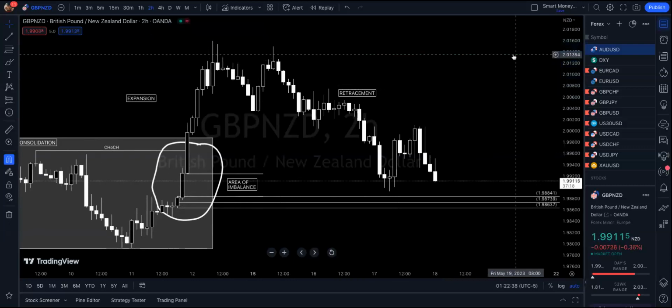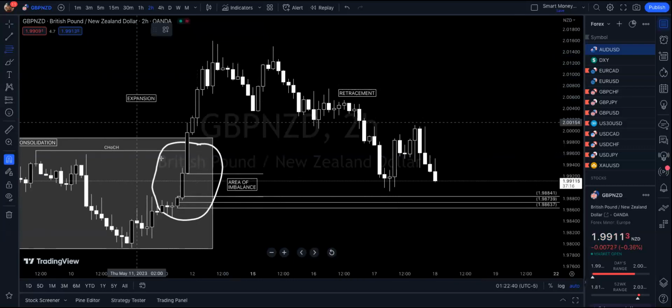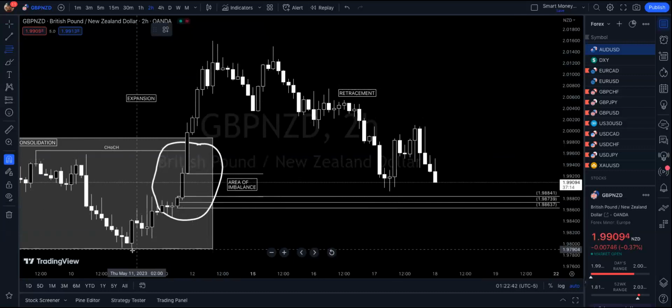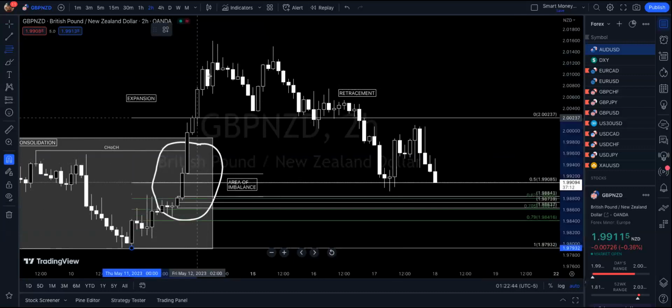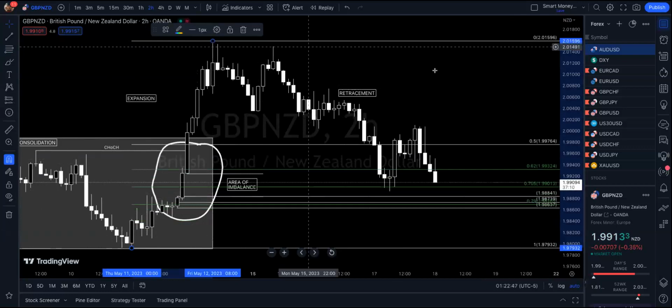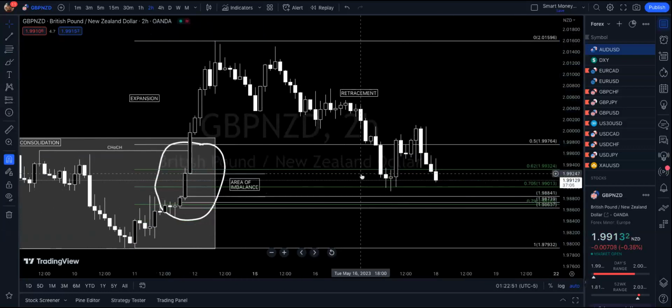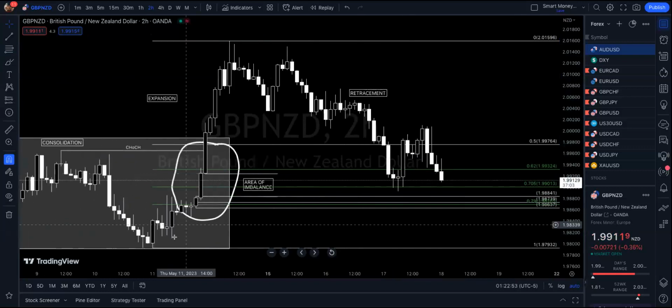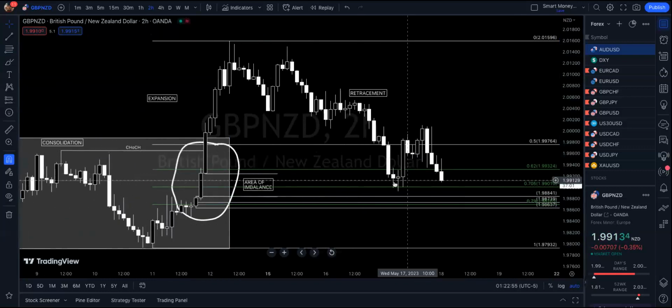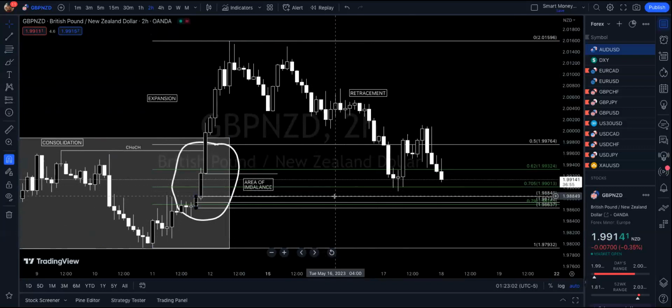Now check this out. I'm going to put it on the chart from the low to the high. Look, anywhere in this green area, price is most likely to come. And then look, the area of imbalance is smack dead in the middle.